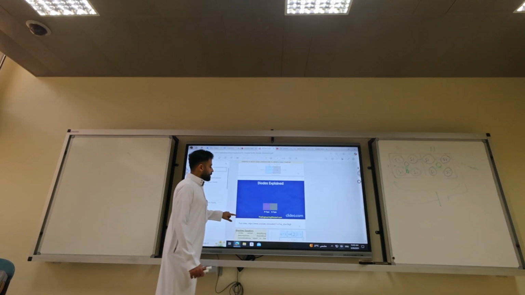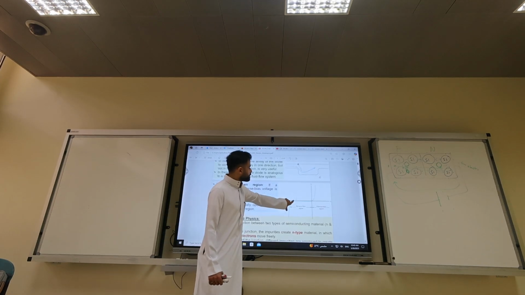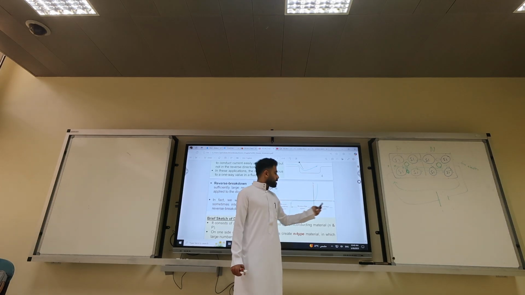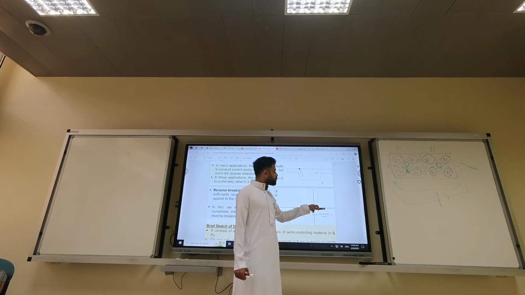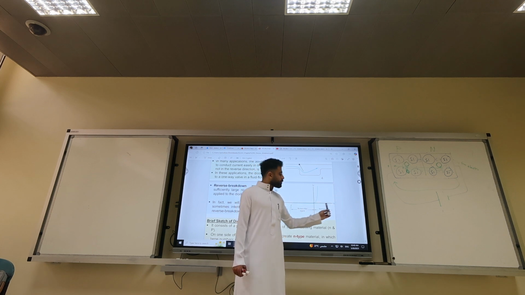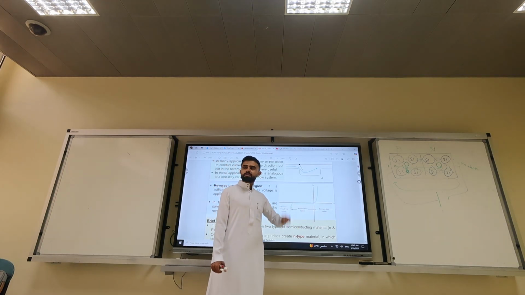Here, what do we apply? On the diode, we apply positive voltage. If you apply positive voltage, you just need to exceed the 0.7 so that current will be allowed to move. So this is the normal operation, okay? If you apply 1 volt, 2 volts, 3 volts, you still have a high current, so no need to apply higher volts.